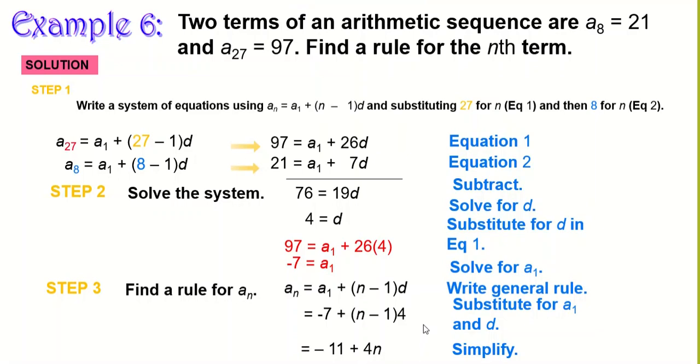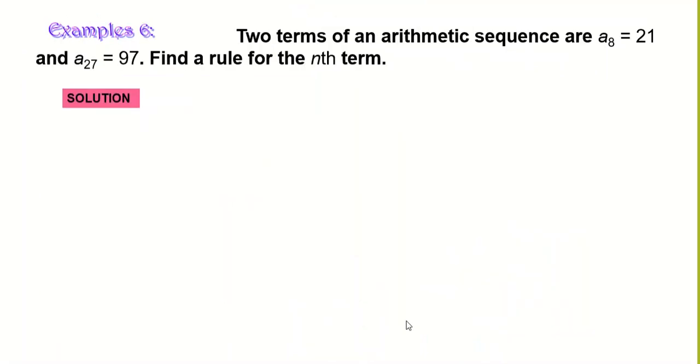Another solution that you can use is the solution that we had earlier, the assumption of the last term, okay? So two terms of an arithmetic sequence with a sub 8 is equal to 21 and a sub 27 is equal to 97. So let's find a rule.